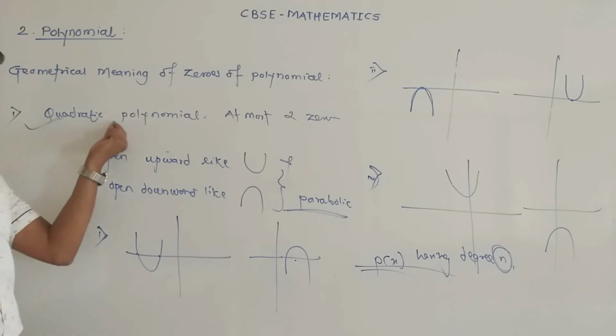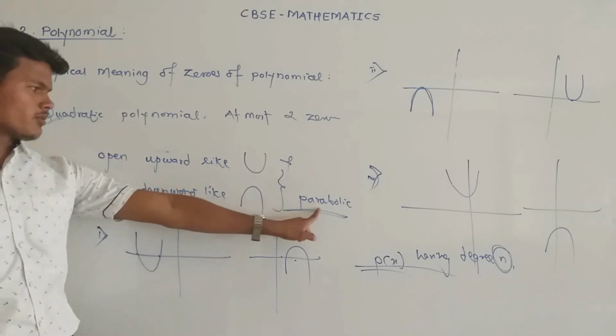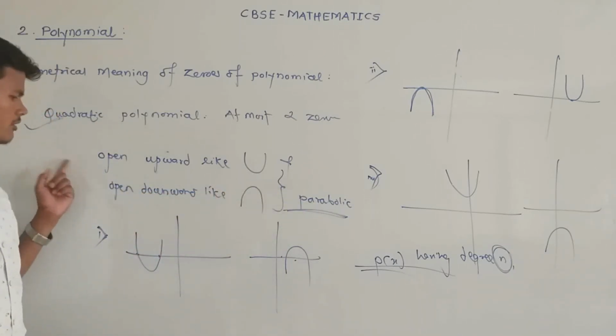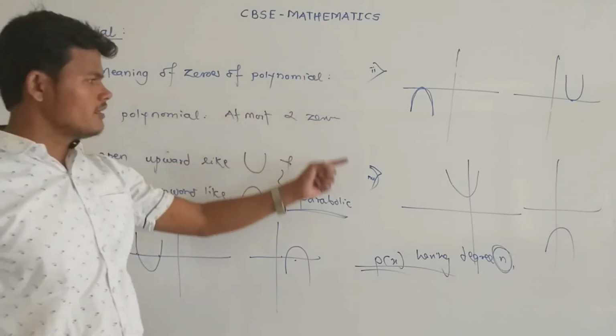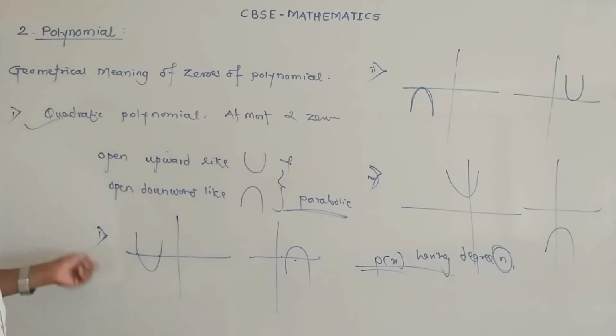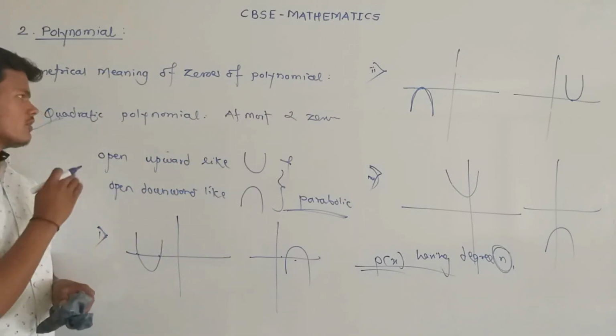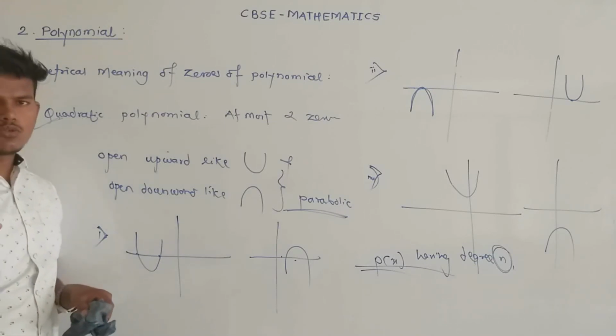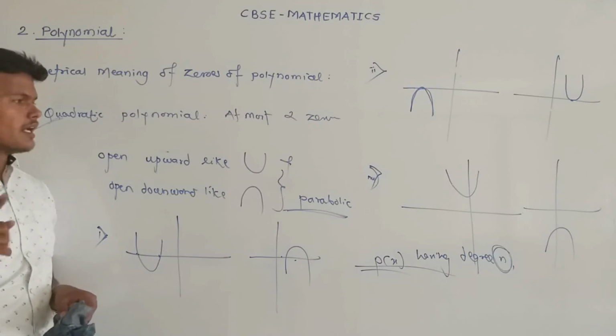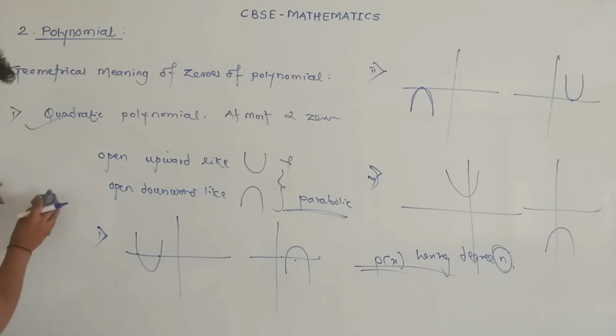The graph of a quadratic polynomial is in the shape of a parabola, and there are three cases: first one, second one, third one. From our three graphs we conclude that there are at most two zeros for the quadratic polynomial. That means two distinct zeros, two equal zeros, that is one zero, and no zero.